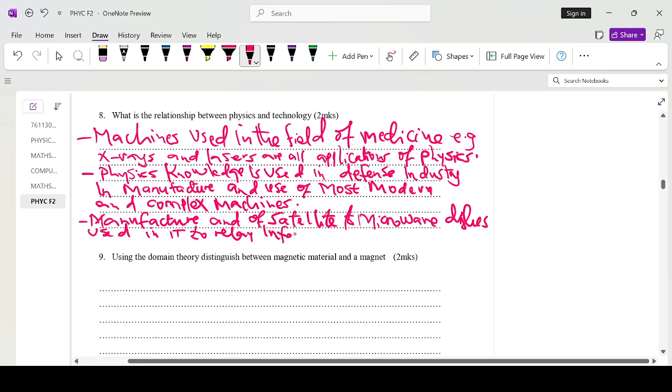Learners, to relay is to pass. To relay information is based on physics knowledge.